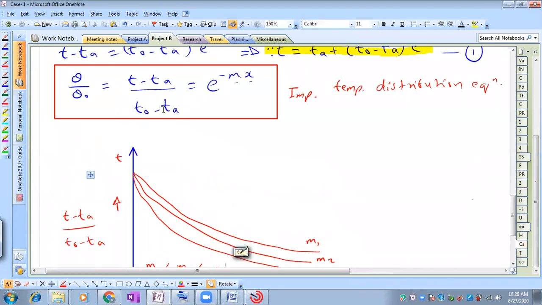So what I can understand from this equation is that e raised to m is some value. If the value is higher, it means the dimensionless temperature drop is faster. So I can say that if the value of m increases, the dimensionless temperature will fall.